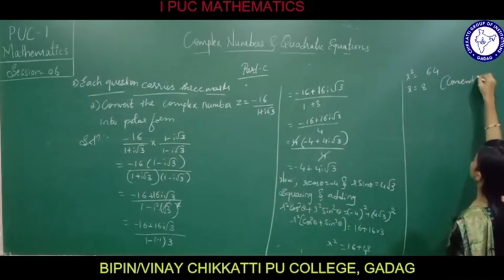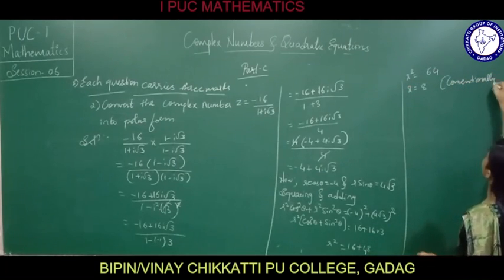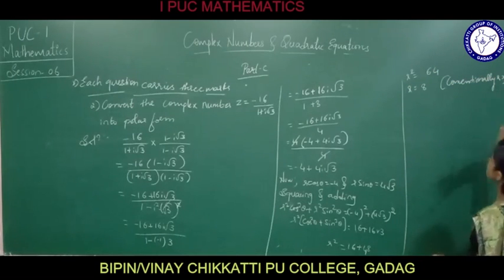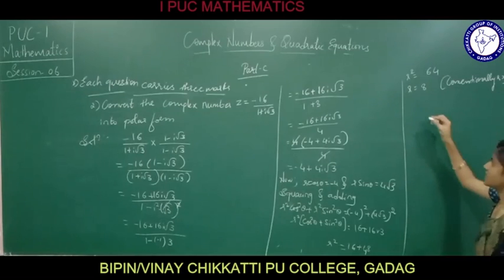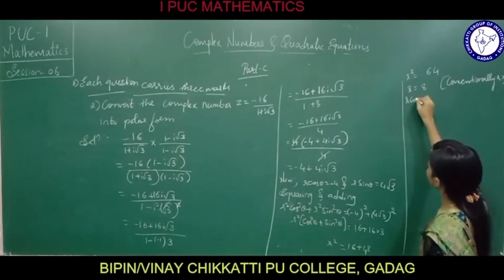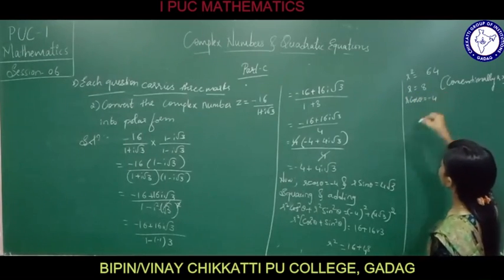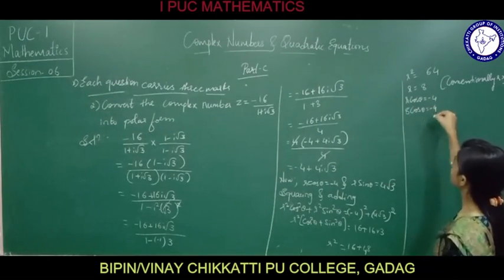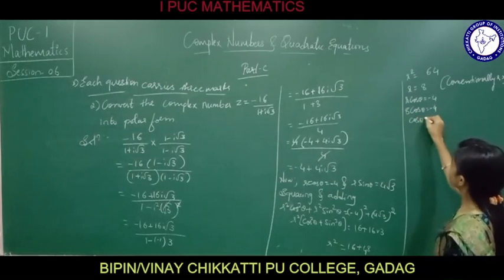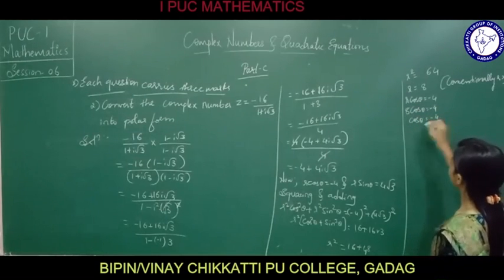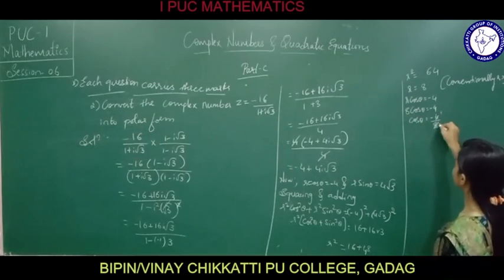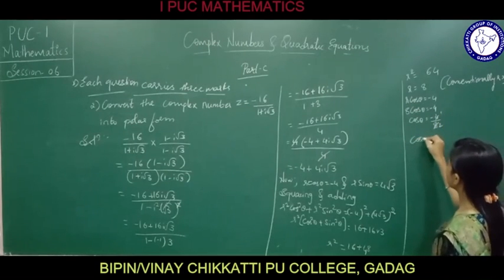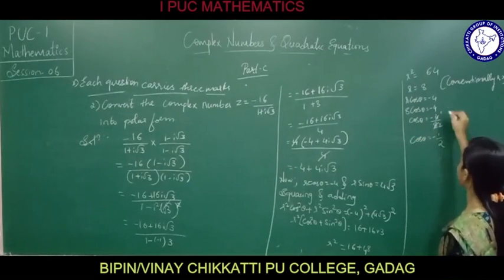Conventionally, we have considered R to be greater than 0. That is why the value of R will be equal to 8. Now, R cos theta is equals to minus 4. In the sense, 8 cos theta is equals to minus 4. Cos theta will be equal to minus 4 by 8. Nothing but 4 ones are 4, 4 twos are 8. Cos theta is equals to minus 1 by 2.